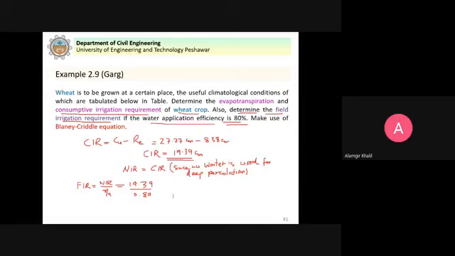So we have this field irrigation requirement, 24.24 centimeter. So the field irrigation requirement is 24.24 centimeter.